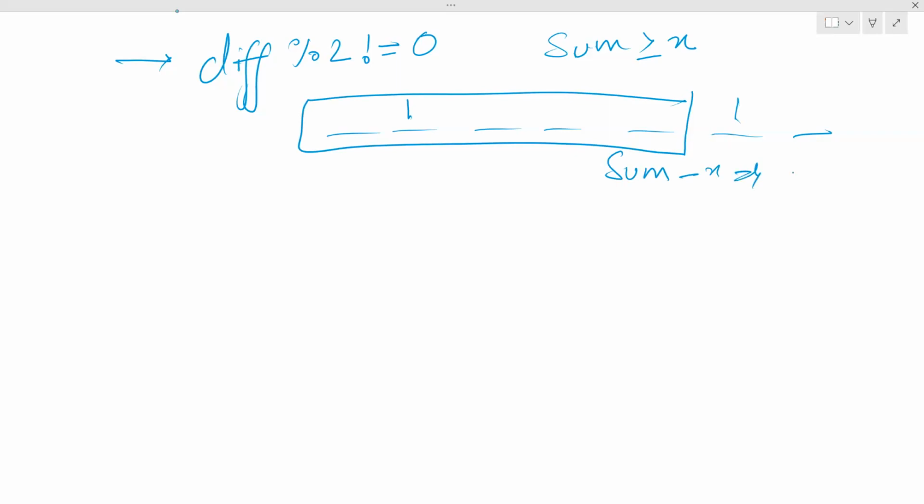Difference will be even. Like I can break my array. Why? Because I'm not including this last one, because this was changing my parity of sum. I'm making my sum parity the parity of X so that the difference becomes even.